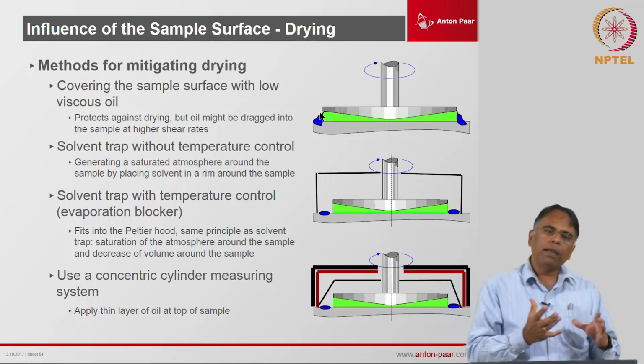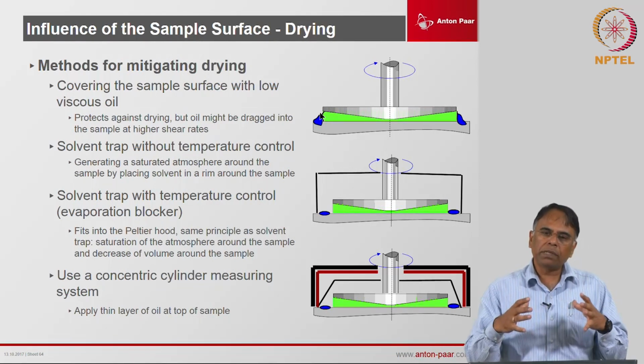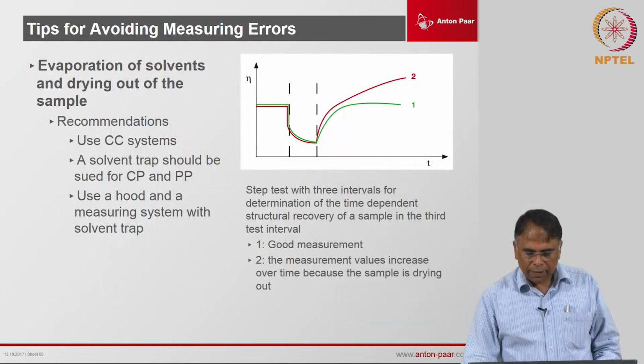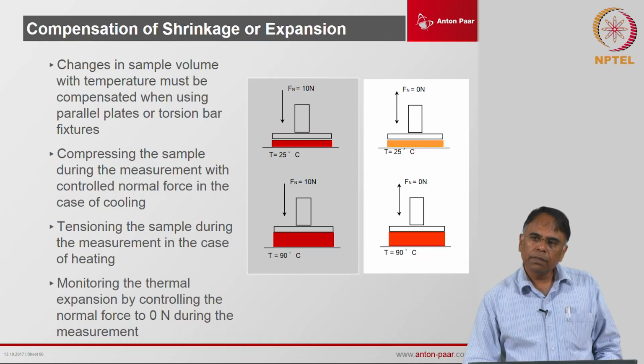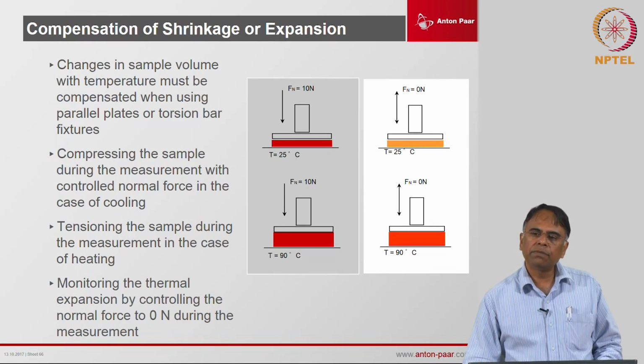So, that can minimize or make sure that the evaporation is arrested at the edge. So, certain tips which are there. The solvent trap is one very good option, or covering the sample edge with the oil can help us.